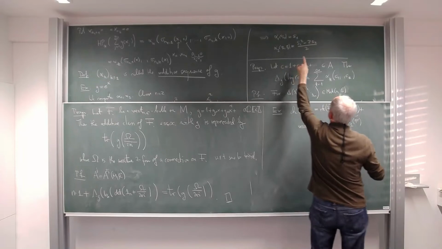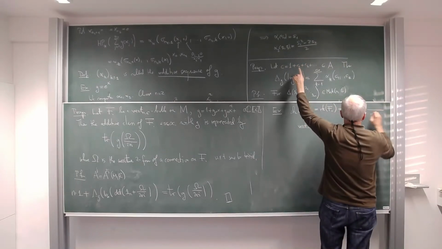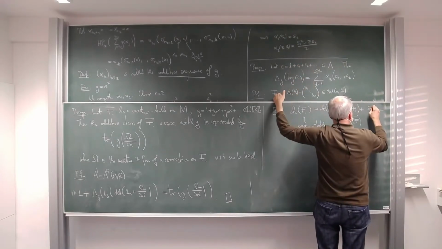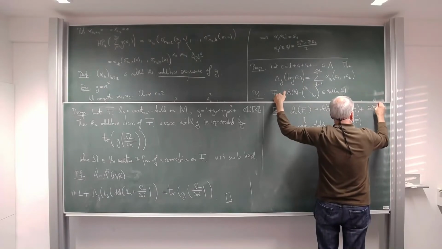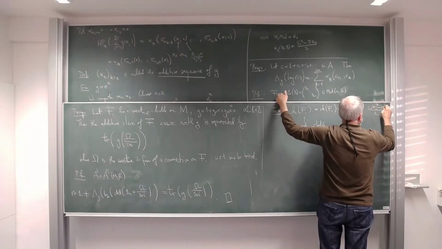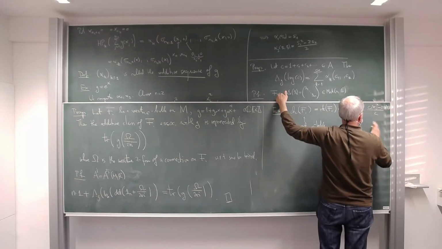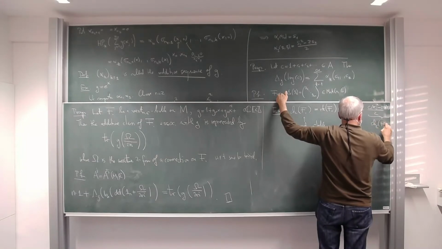And for the second one, I have to take S1, which is c1 of F, the first Chern class, squared, minus 2 times the second Chern class, plus higher terms. This is the second part occurring in the expansion of the Chern character, plus higher terms.